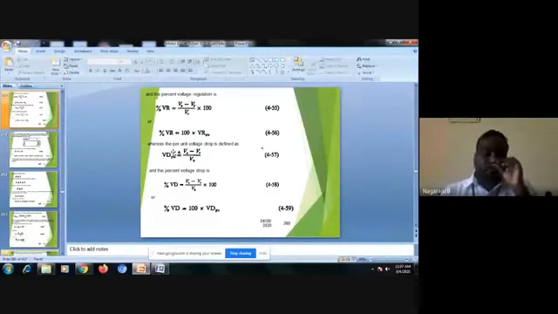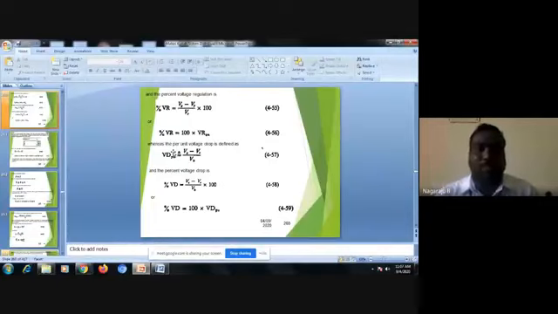The per unit voltage drop is equal to IR cos theta plus IX sin theta. This is about the voltage drop calculation.